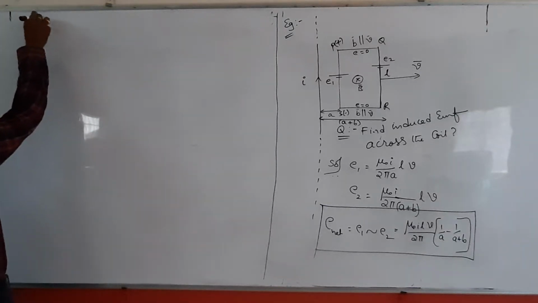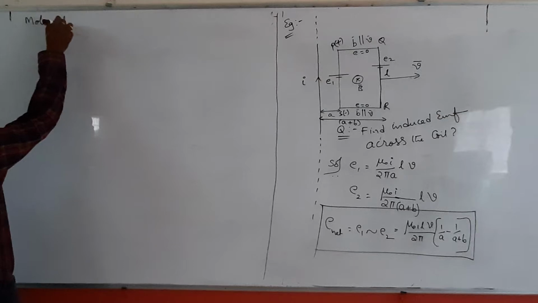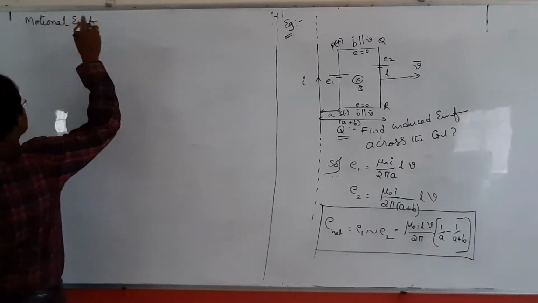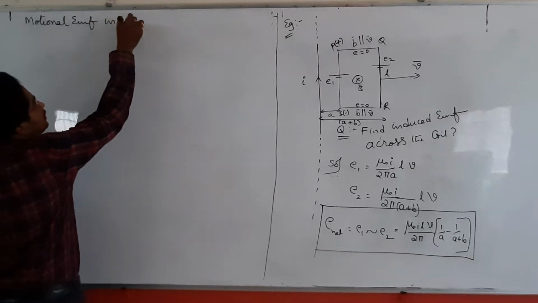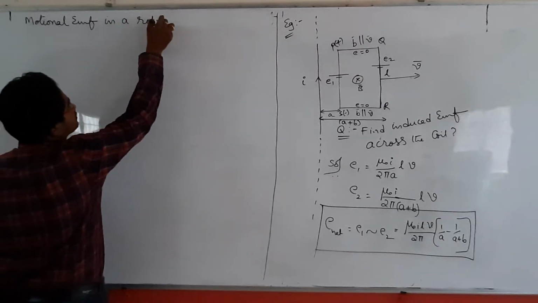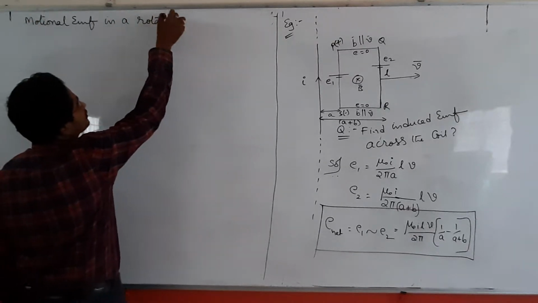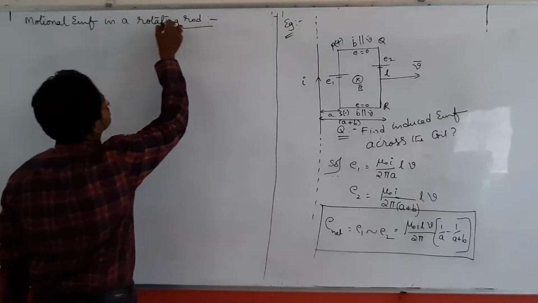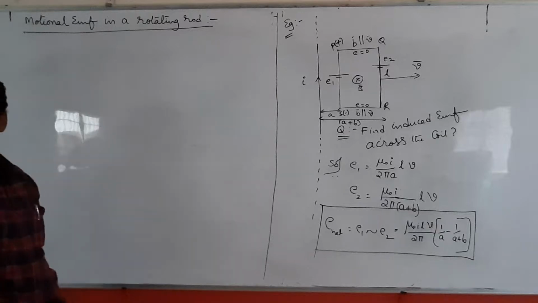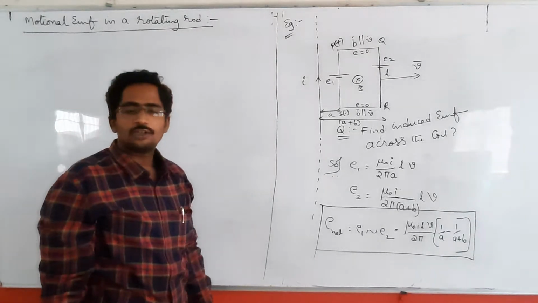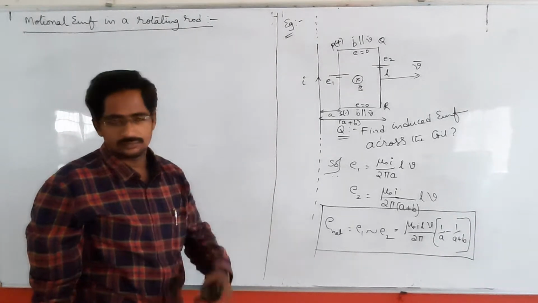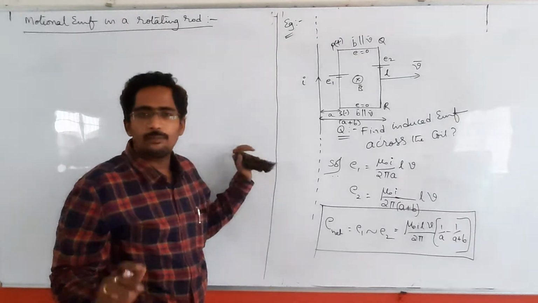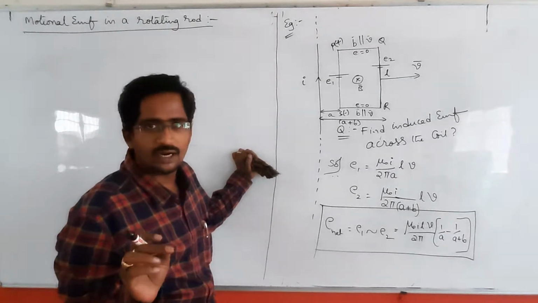Motional EMF in a rotating rod. That means whenever a rod is rotating in the magnetic field about one of its ends, what is the motional EMF? That we want to get.